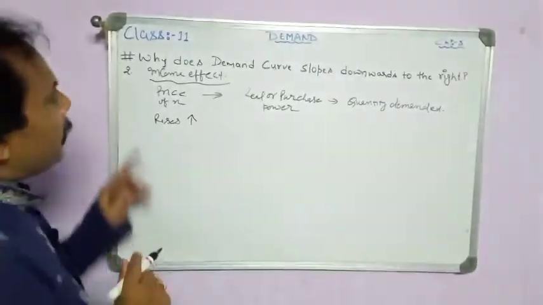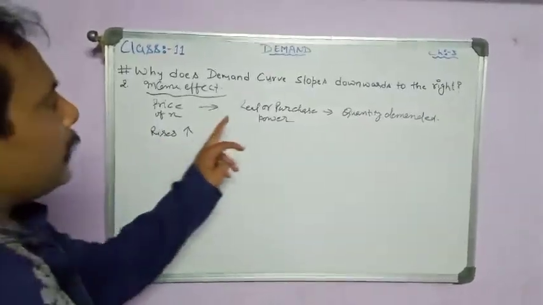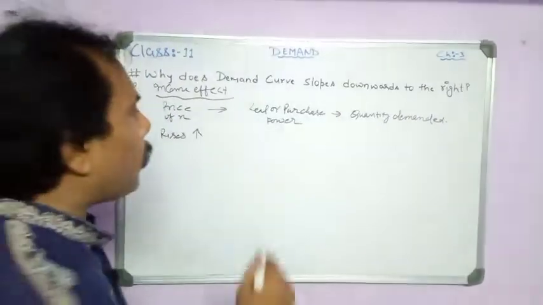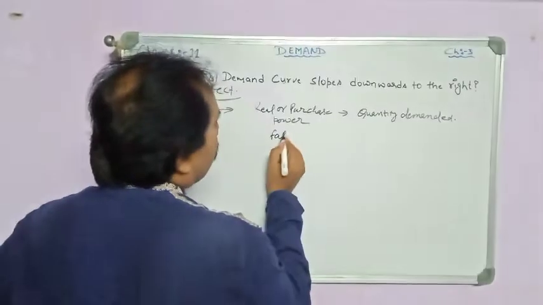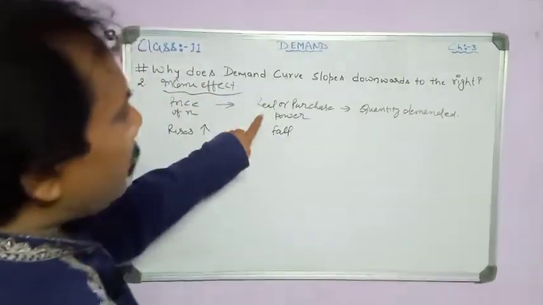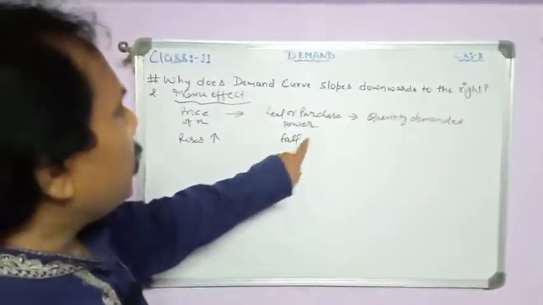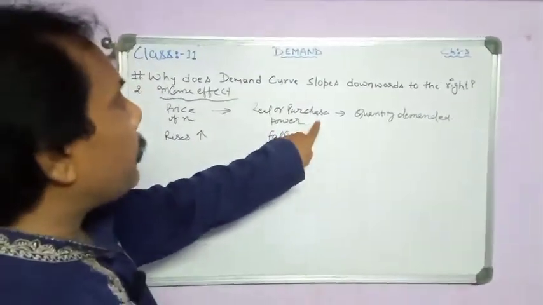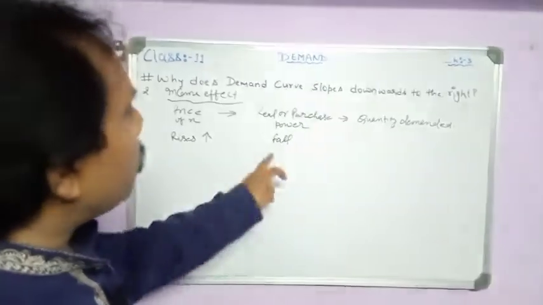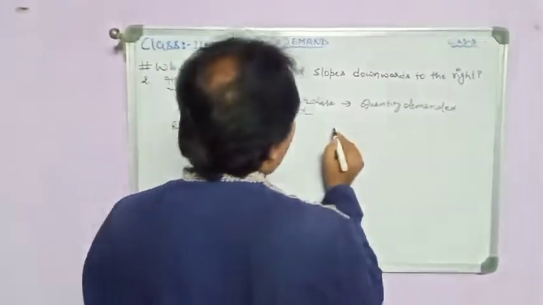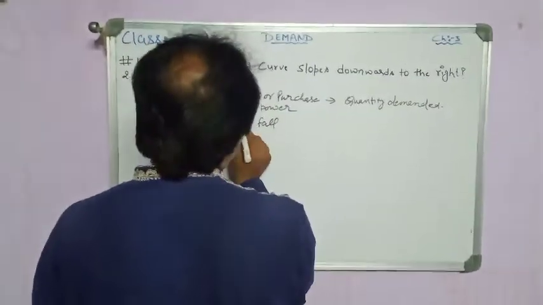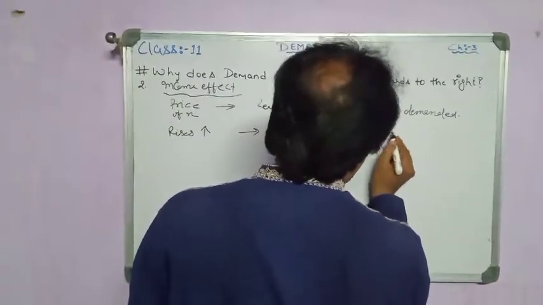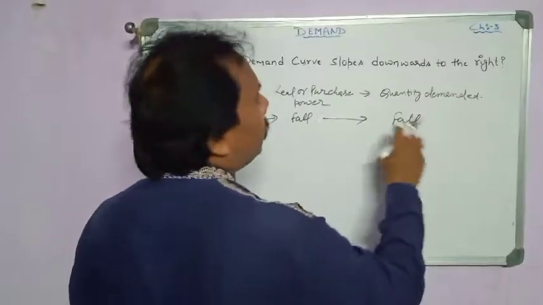So if the price of commodity X rises, it means the real income of the consumer will fall. And if the real income of the consumer falls, it means the purchasing power of the consumer will also fall. And if the purchasing power falls, he is ready to buy less quantity, so quantity demanded will also fall.